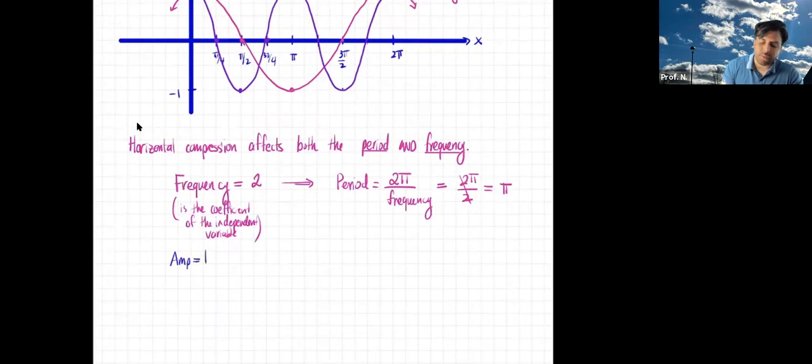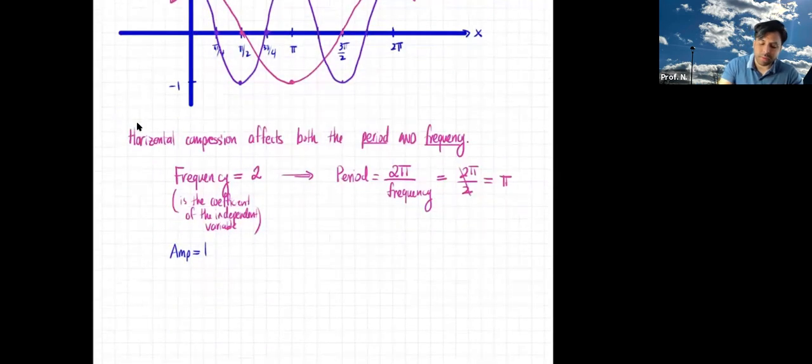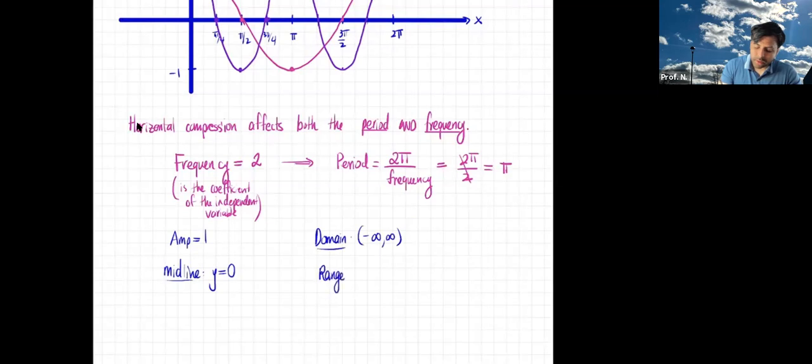My amplitude is still 1. My midline is still y equals 0. My domain is still negative infinity to infinity. My range is still negative 1 to 1.